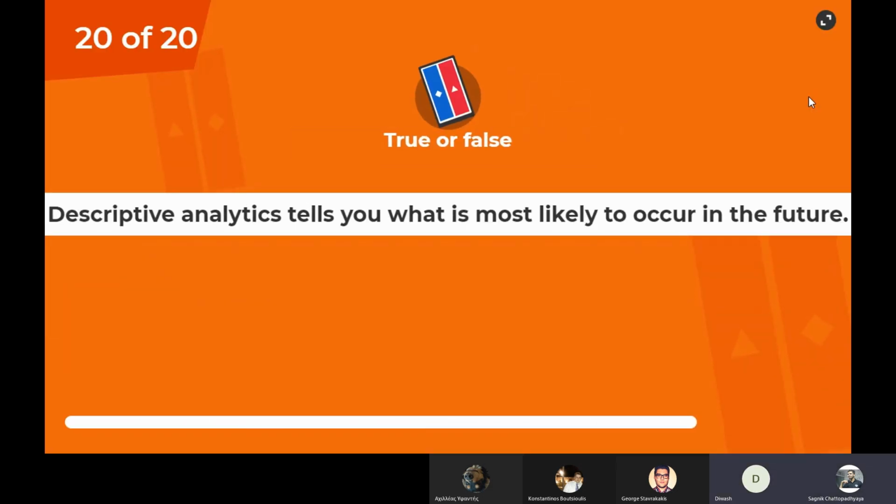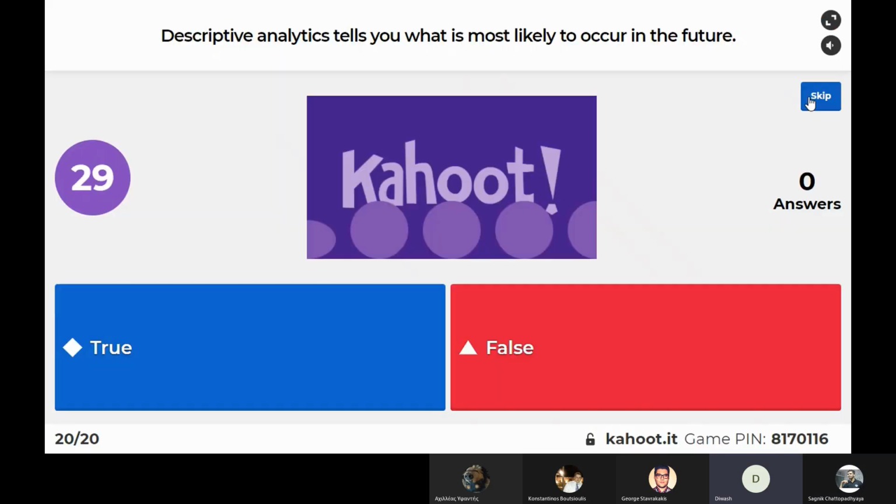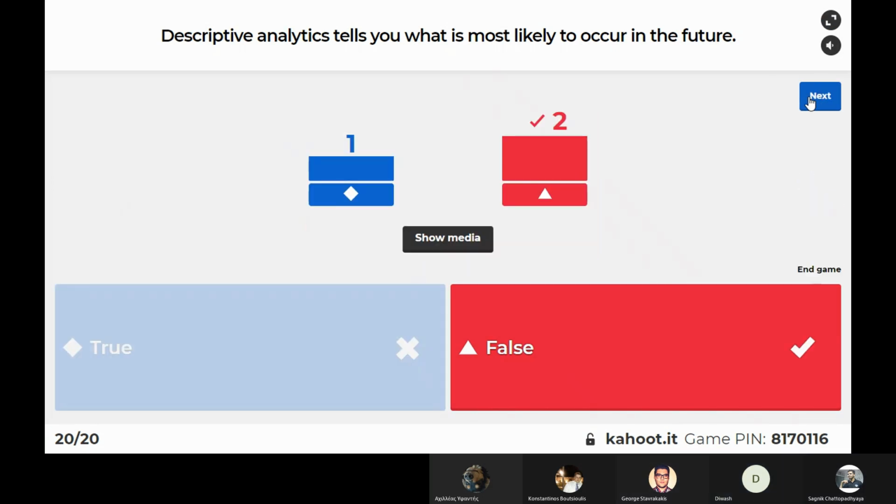Descriptive analytics tells you what is most likely to occur in future, true or false. All right, that's the last minute we have. Whenever you are trying to describe something with descriptive analysis, you are not trying to predict or tell about the future.